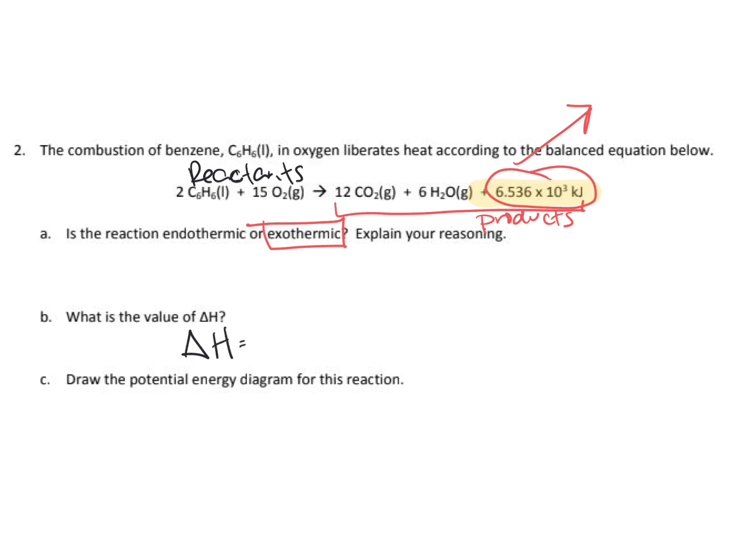So my value is still going to be 6,536 times 10 to the 3 kilojoules in 1 mole of reaction, because it's the same as my balanced reaction. But we do need to put our sign when we're talking about our delta H, and we just said that this is exothermic, so we would have a negative 6.536 times 10 to the 3.